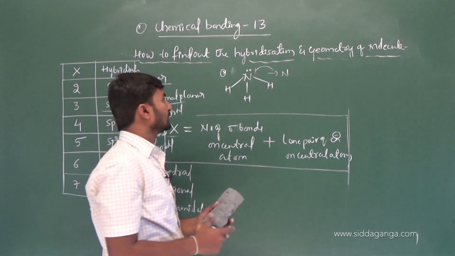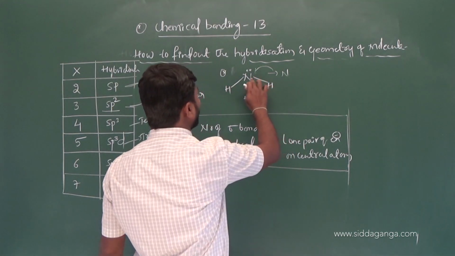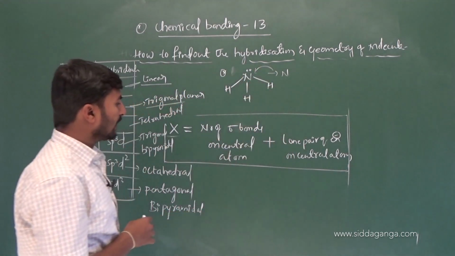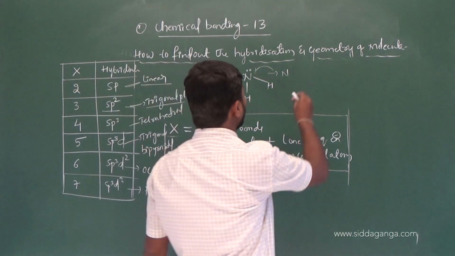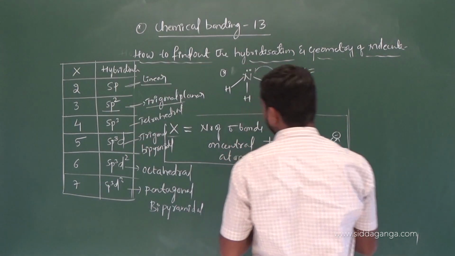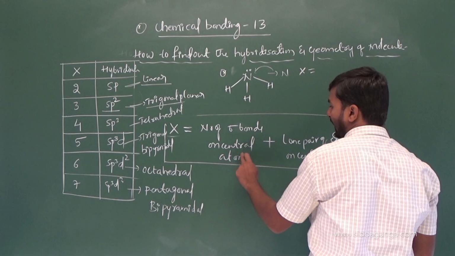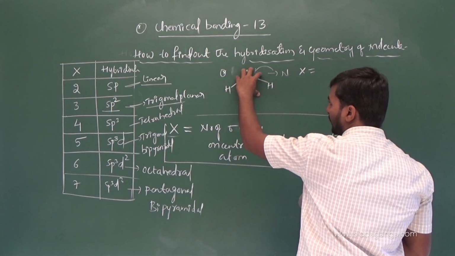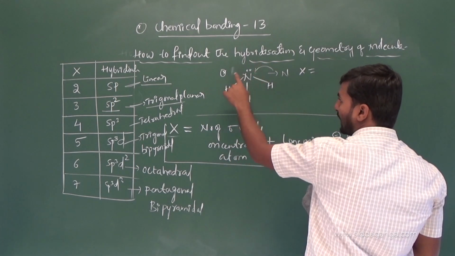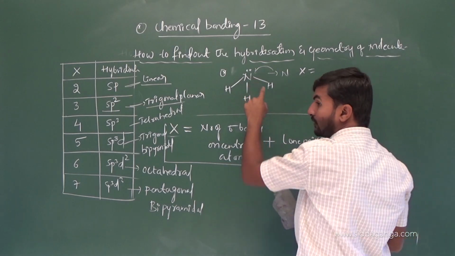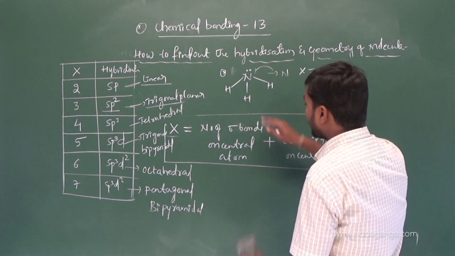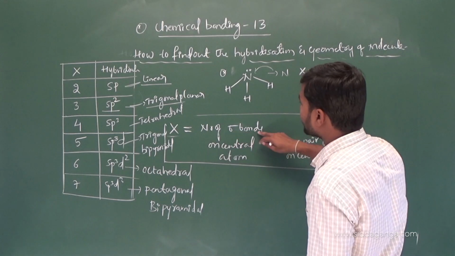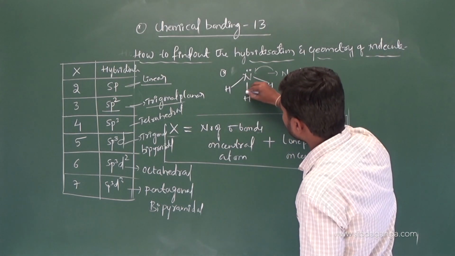First, for nitrogen in the NH3 molecule, how to find out its X value? X is equal to the number of sigma bonds on the central atom. Here in this NH3 molecule, which atom will become the central atom? Nitrogen will become the central atom. Number of sigma bonds: how many bonds are formed by the nitrogen here?